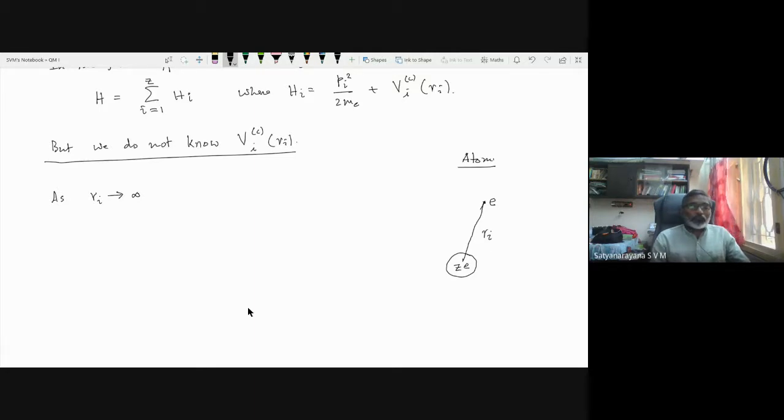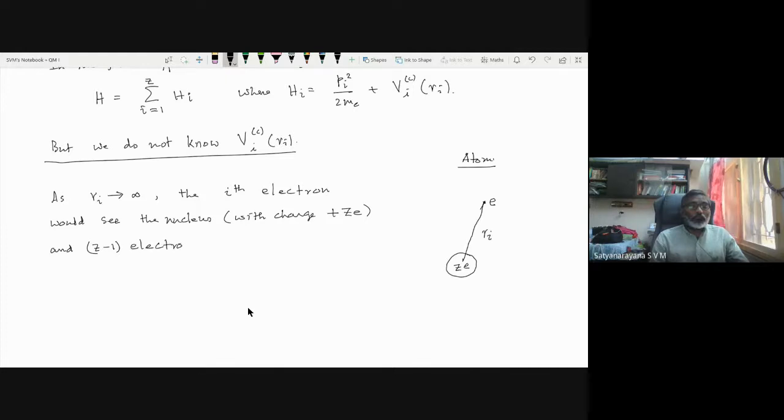The ith electron would see the nucleus with charge plus Ze and Z minus 1 electrons together as a point charge of charge plus e.